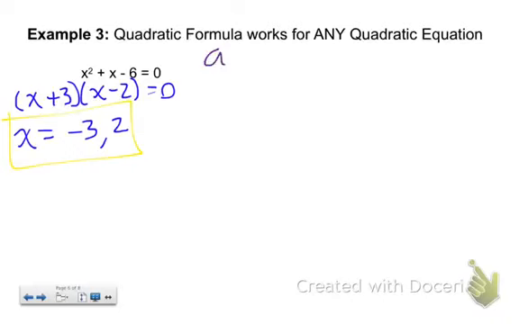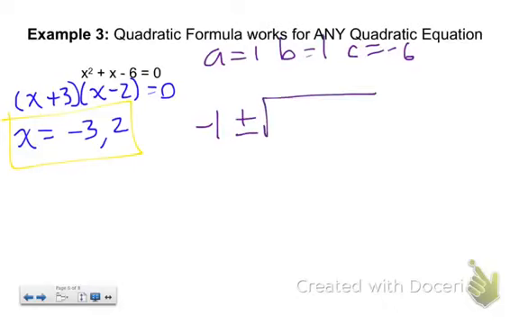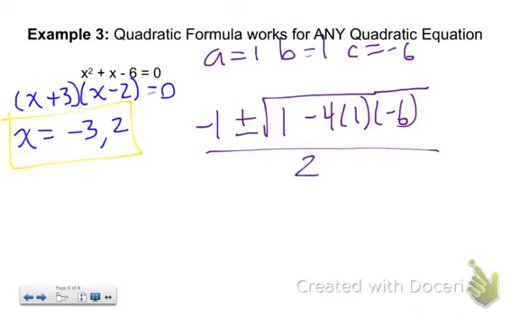So my a in this case is 1, my b is also 1, and my c is negative 6. So I get negative 1 plus or minus the square root. B squared is 1 minus 4 times 1 times negative 6 over 2 times 1 is 2. So negative 4 times negative 6 times 1 is positive 24. 1 plus 24 becomes 25. Square root of 25 is 5, or negative 5.